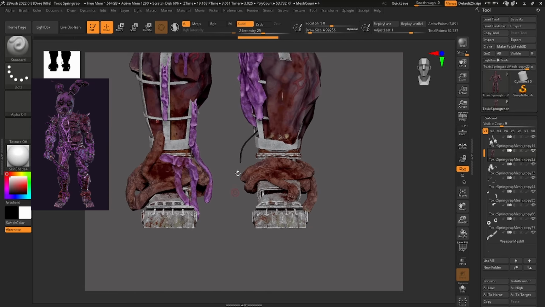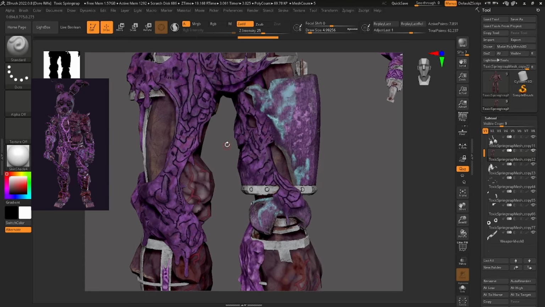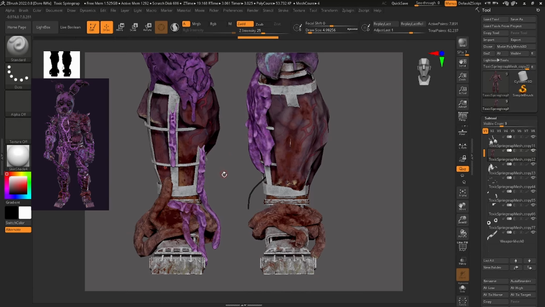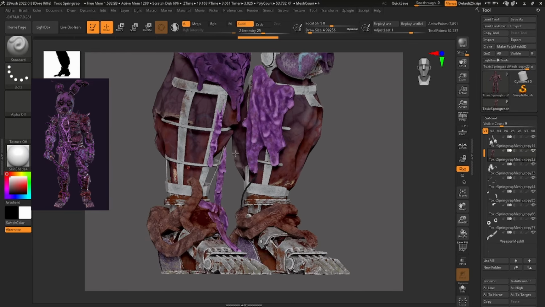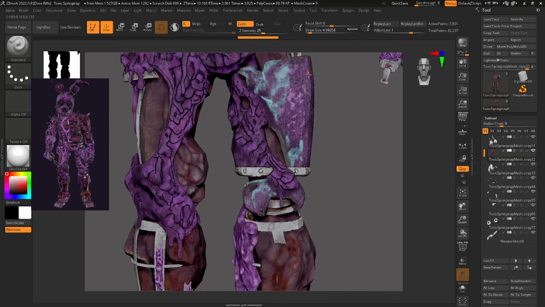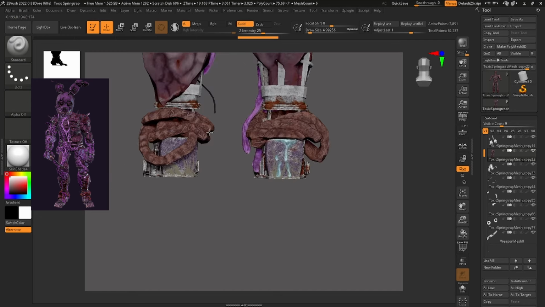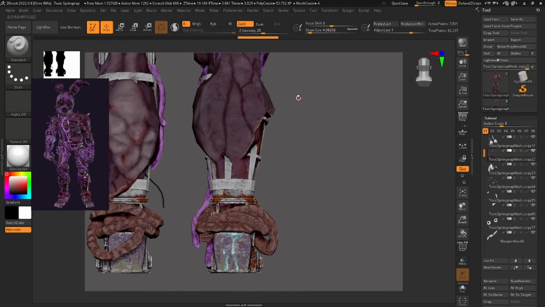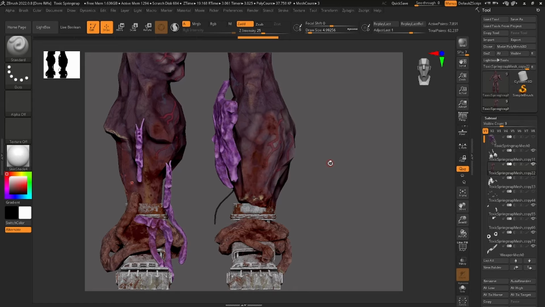Now I will assume, given the description, that this purple goo is the corroded remains of the Spring Bonnie suit, or the outer shell of it. Yeah, I think it's the corroded shell.